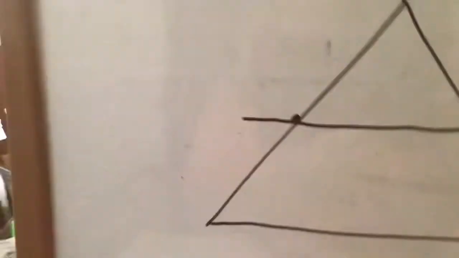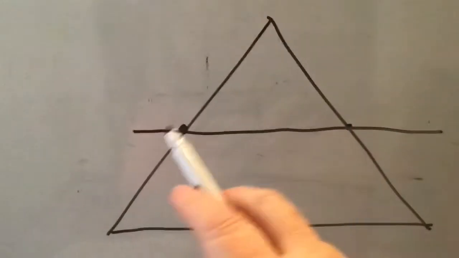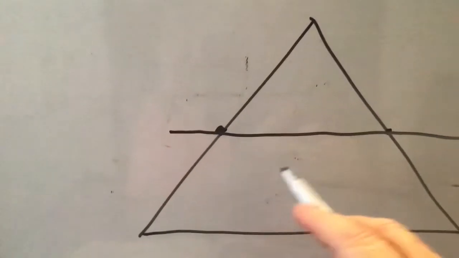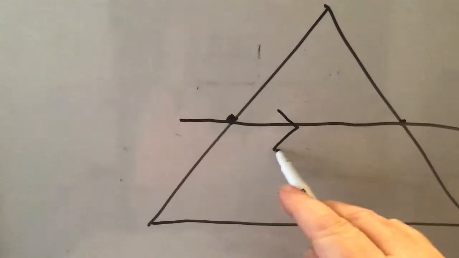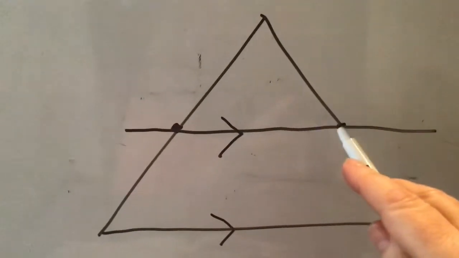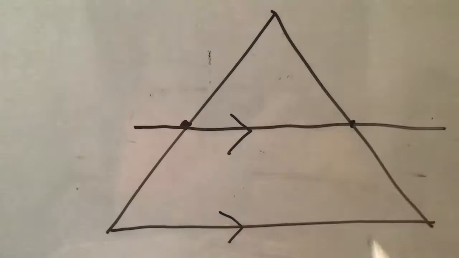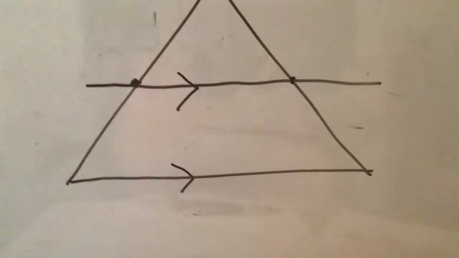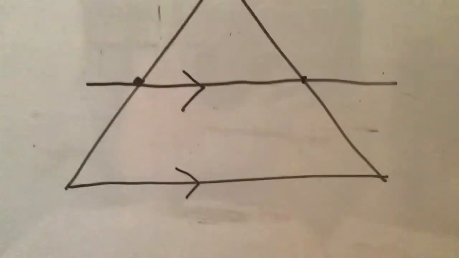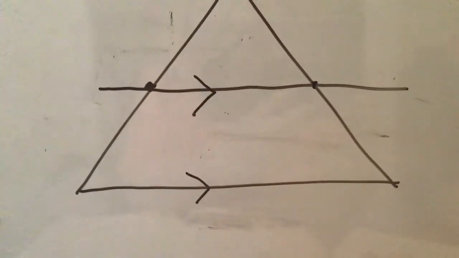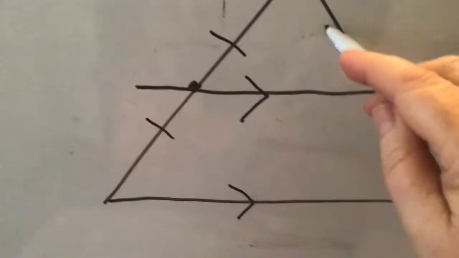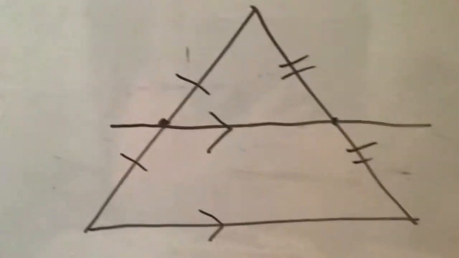If I know on this triangle that this is the midpoint of this side here, and I know that this is parallel to this, then I also know that this is the midpoint right here. So if you know the two lines are parallel and it's hitting the midpoint on one side, then it's going to hit the midpoint on the other side. By midpoint, that means this equals this, and this equals this.